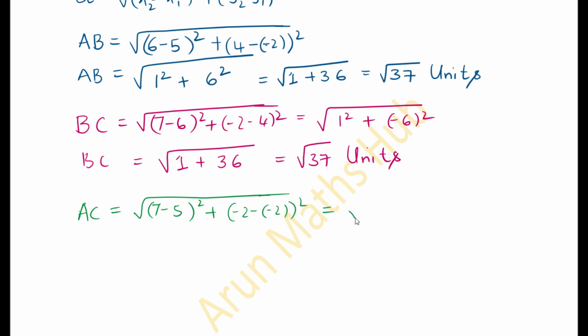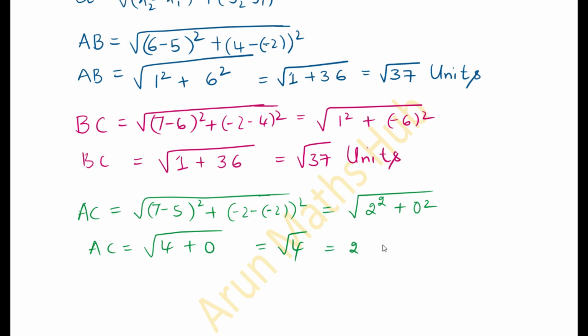We get, what is 7 minus 5? 7 minus 5 is 2 square, plus minus 2 plus 2 will get 0, 0 square. Now AC equals, what is 2 square? 2 square is 4, 0 square is 0, 4 plus 0 is 4. What is the square root of 4? Square root of 4 is 2 units.